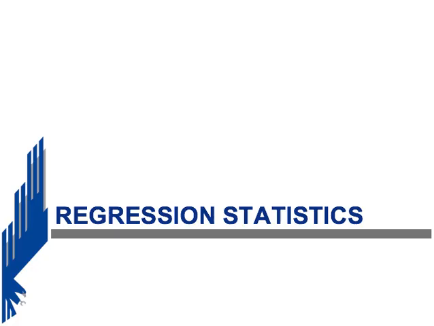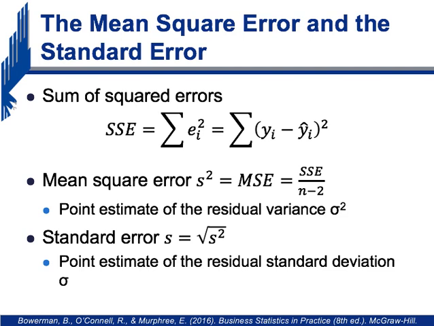In this section, I will discuss other computations and other analysis that can be done through linear regression. So in regression analysis, we also have the mean square error and the standard error. To compute for these, we have the following formulas. The sum of squared errors, or SSE, is computed using this formula.